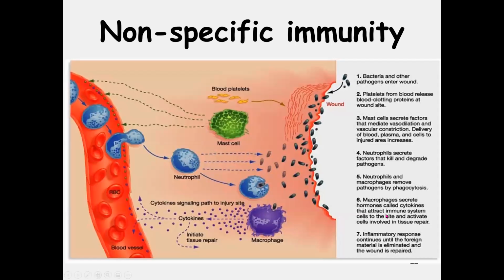It's important. This is a very good diagram which shows what happens. Here's a wound and bacteria coming in. The mast cells release the histamines.